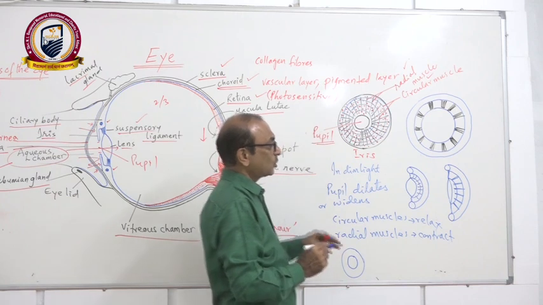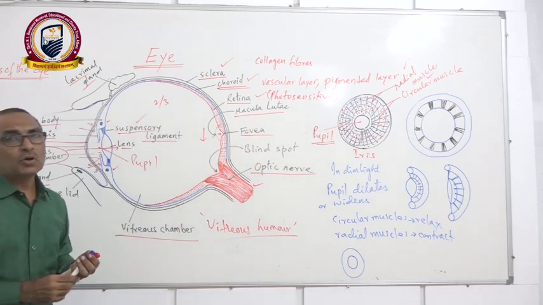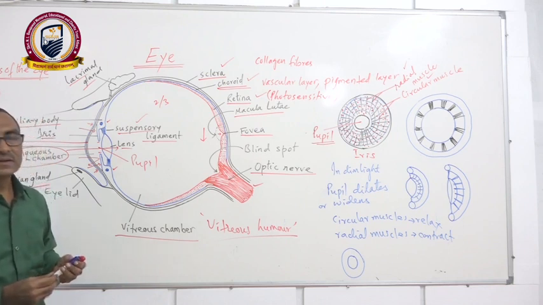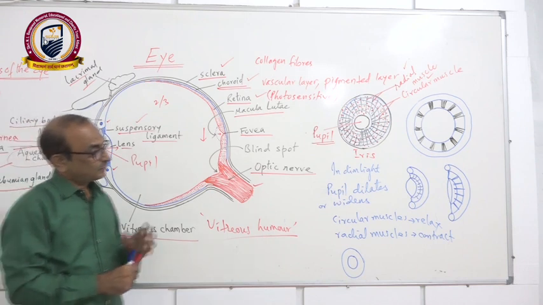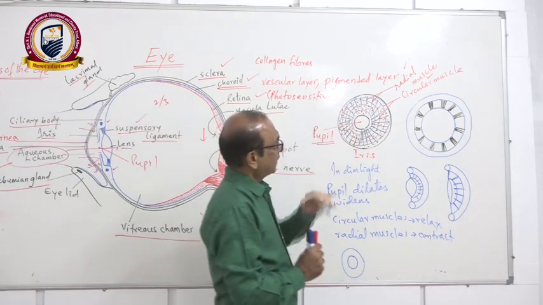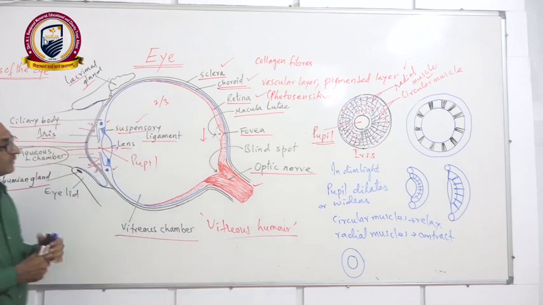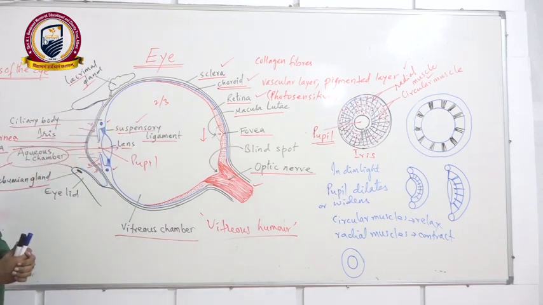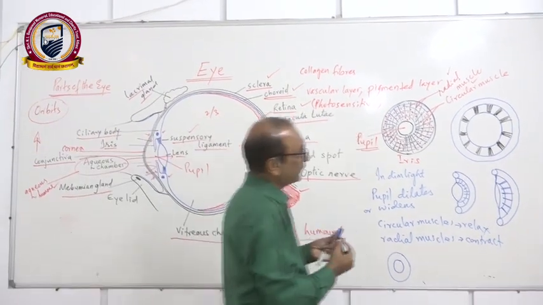So what we have understood now from this is the accommodation of light. How much light should enter into the eyes is adjusted by the muscles of the iris. Okay. Now let us take up another aspect, that is the accommodation of lens.